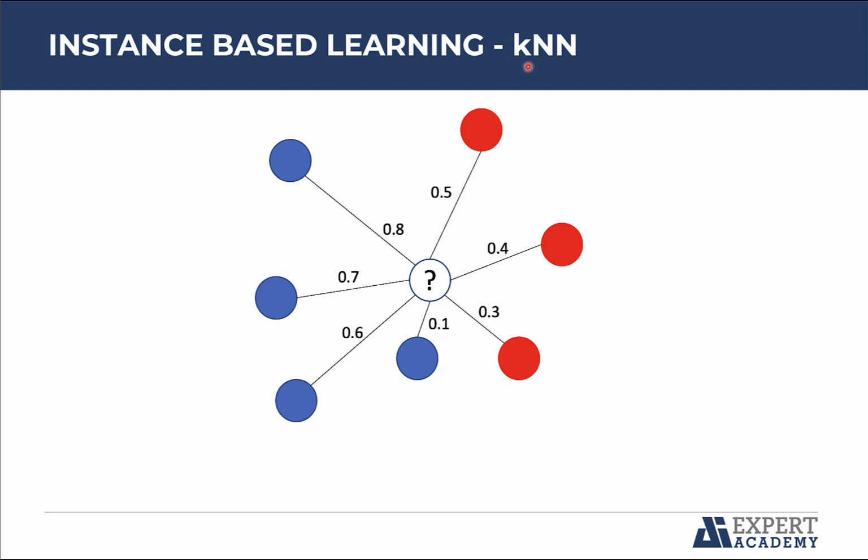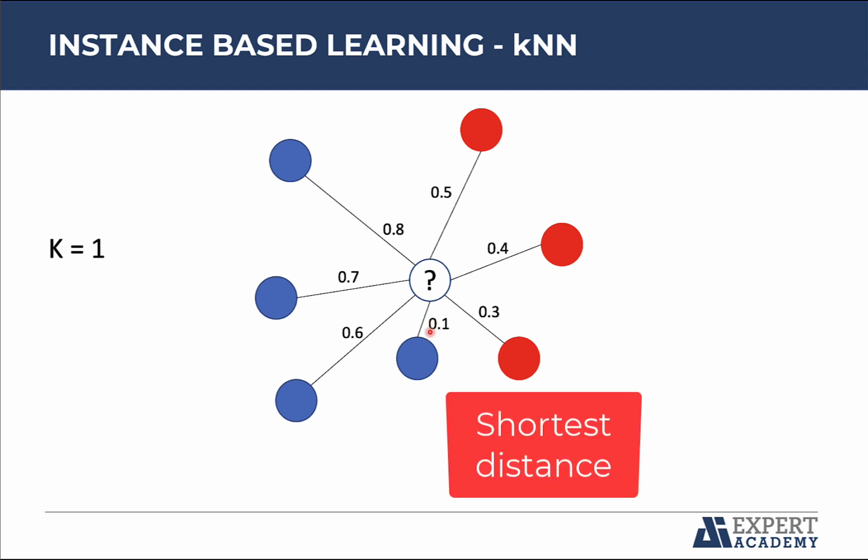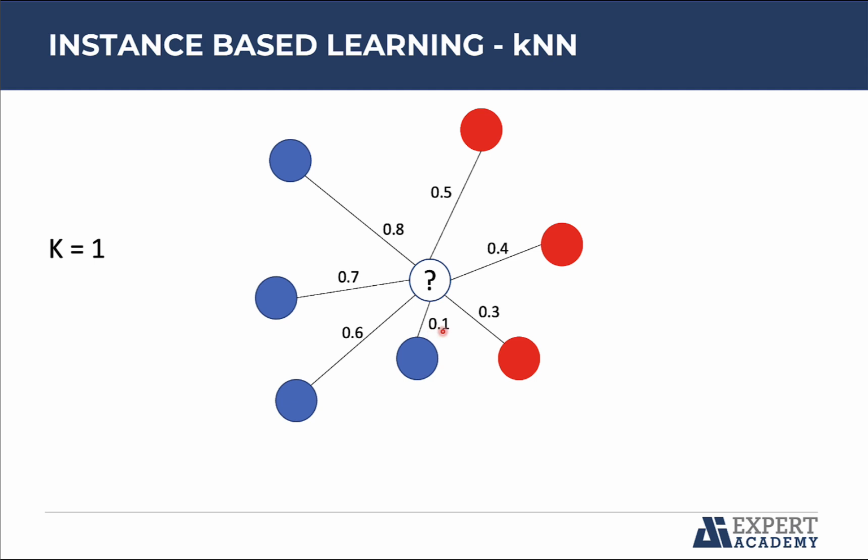The letter K in the name of the algorithm means the quantity of neighbors that you need to consider when classifying the point. Let's suppose that k is equal to 1. You are going to consider only one nearest neighbor. As we can see, the lowest distance is equal to 0.1.